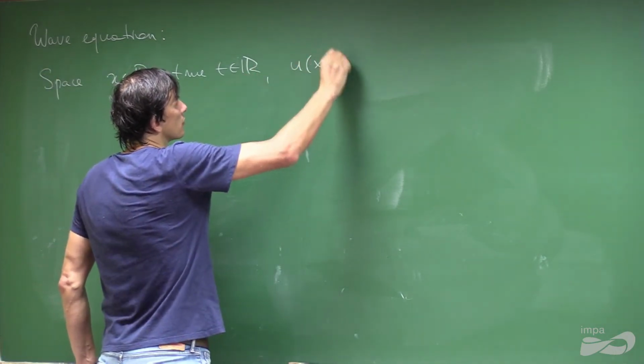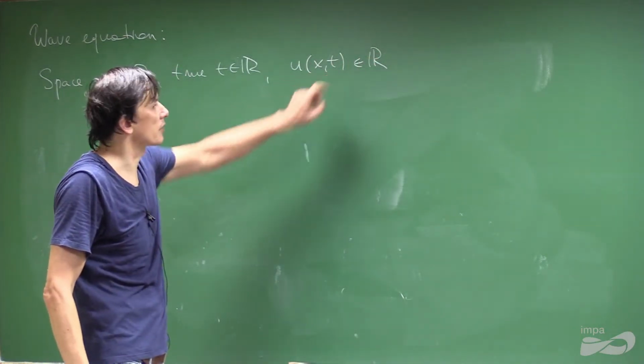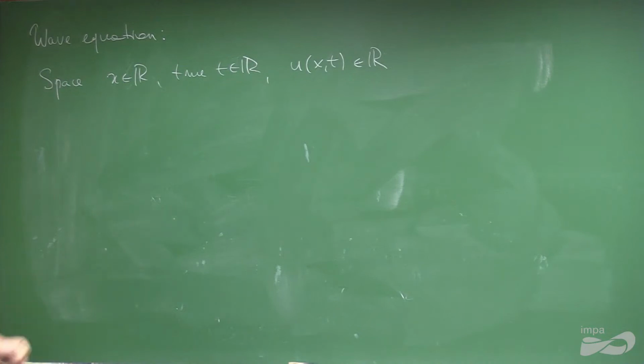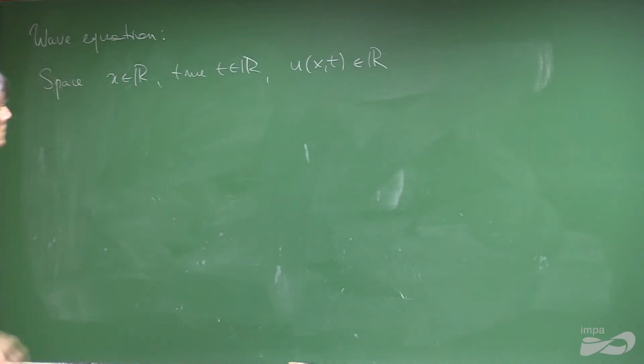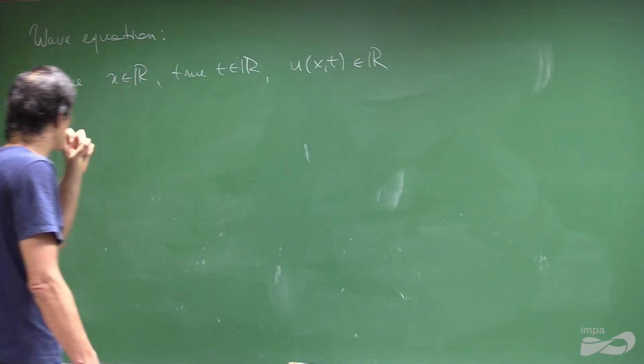It's a real number, given at every position and every time, right? For example, for our springs and masses, it was the displacement of the mass. For oscillations of a chord, it will be deflection from a mean position. For a wave in the water, it will be height, and so on. For an electromagnetic wave, it will be the electric field. So we have one function, and we assume that it's just a number, so it's a scalar, not a vector, for simplicity.